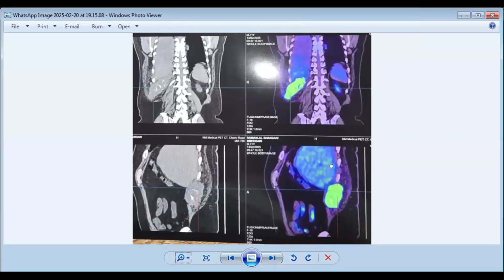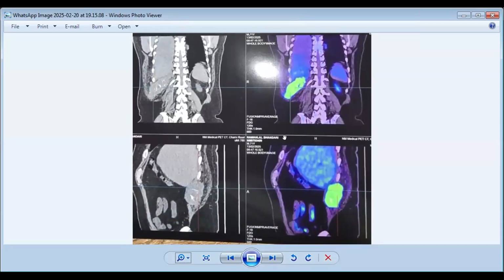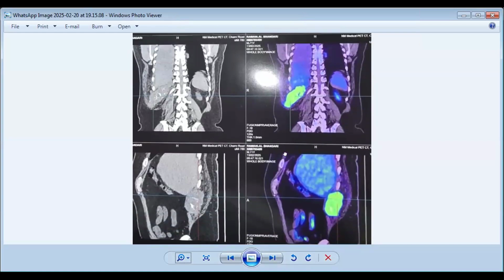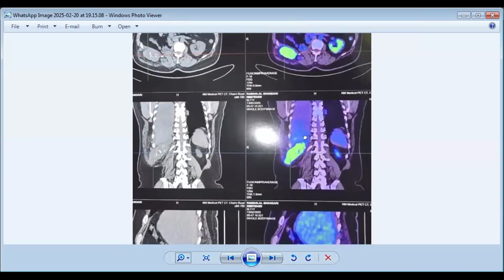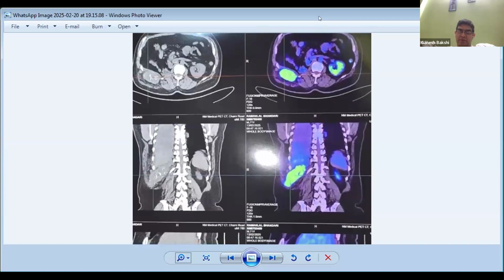What was the gap between the last two CT scans, because this is huge? That means at least 6 to maybe 10 months. The last CT was done 2 years back. Yeah, that's why it was missed. Okay. So it is a solitary metastasis which is big in size.